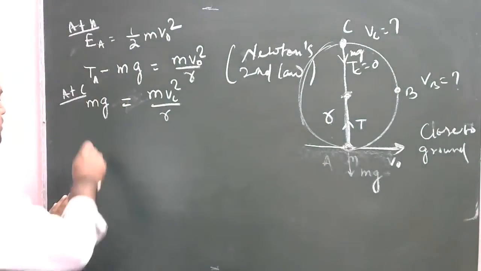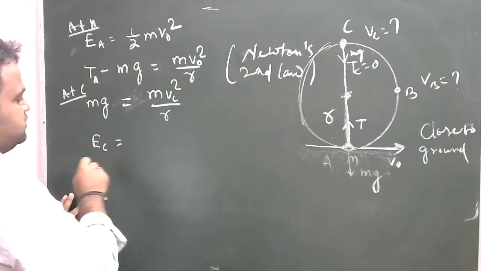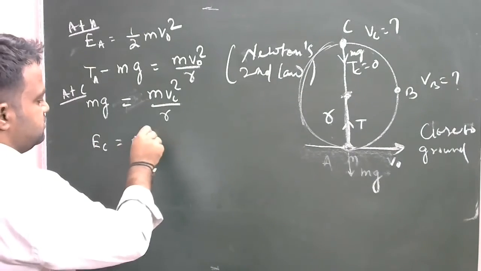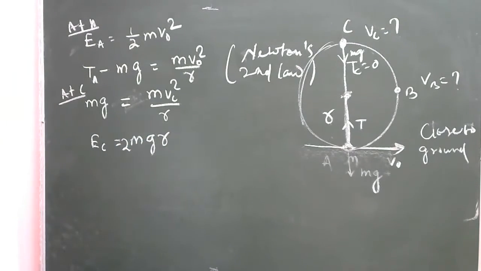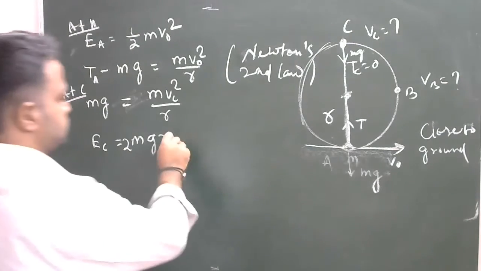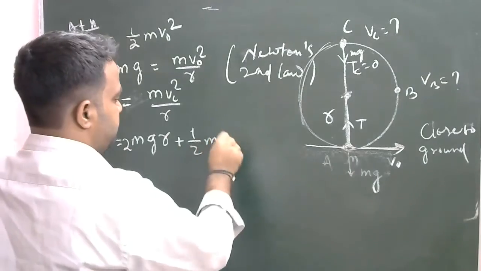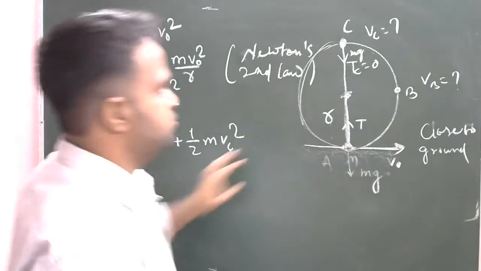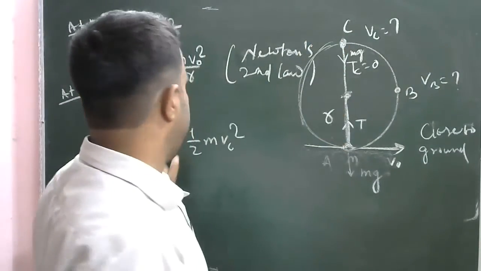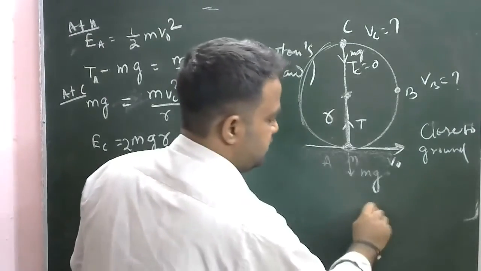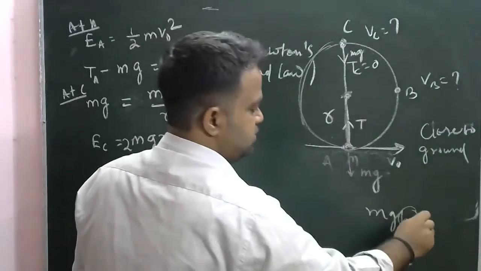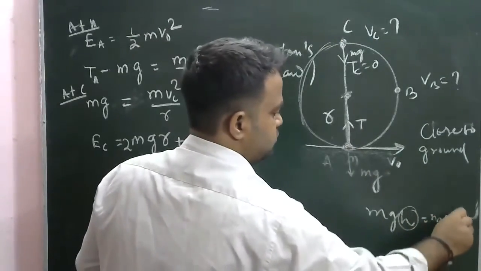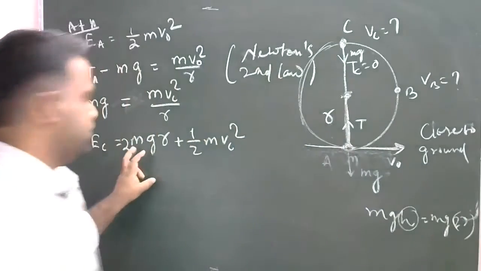So the energy at C is mg into 2r, or 2mgr, plus half mvc square. Potential energy is mgh, and h is 2r here at position C.